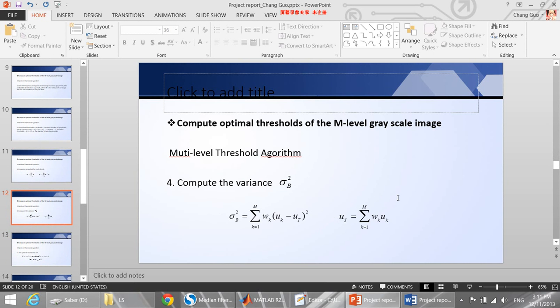Then we compute the variance sigma b, where UT is the sum of Wk multiplied by Uk.